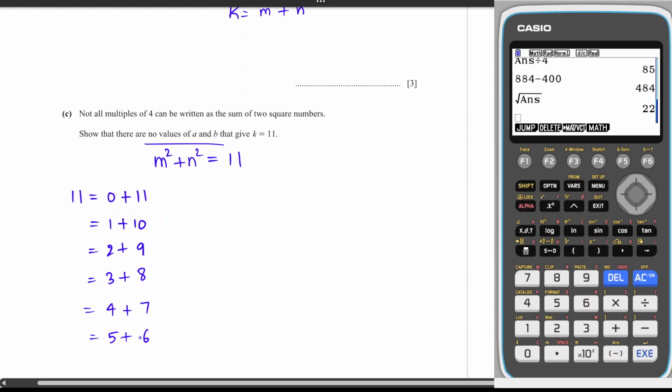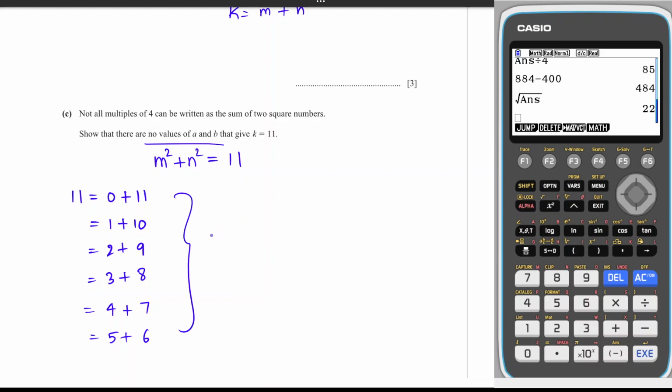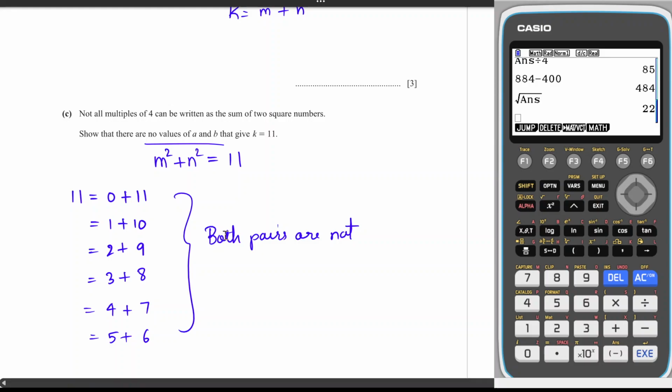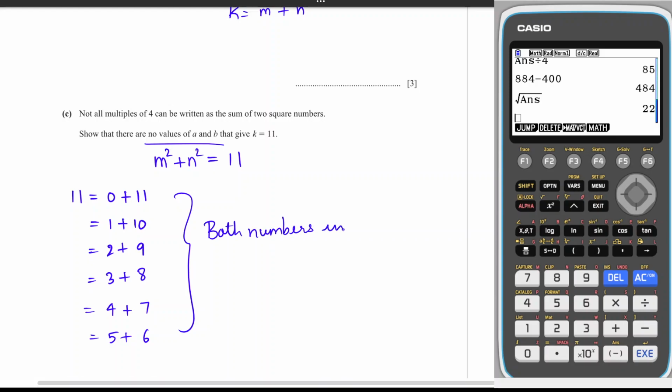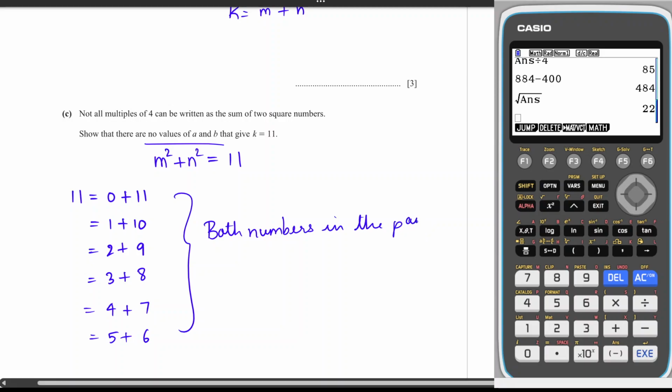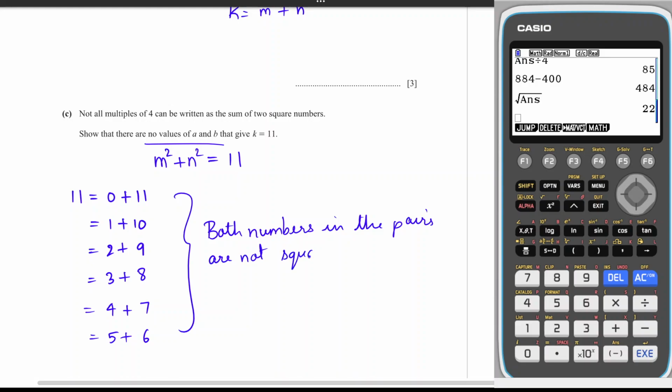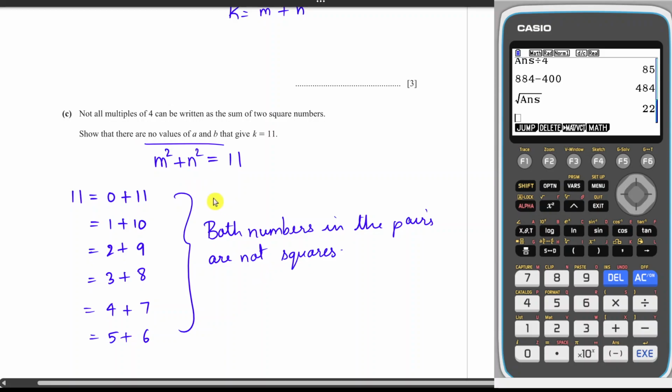I can see that I am not having both numbers in the pairs as perfect squares. Hence, we can show that there are no values of a and b.